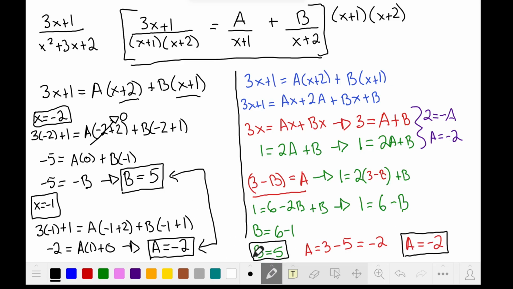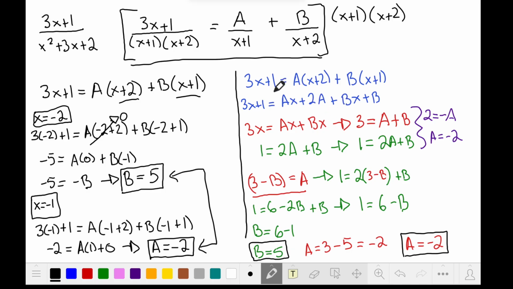And look at that: b is equal to 5, a is equal to minus 2. So no matter what method we use to solve, we still end up getting the same values for a and b. So on the left-hand side, because it's a fairly simple equation, we could plug in x values that give us zeros and make it easy to solve. On the right-hand side, which is the method that will always work, we use substitution.